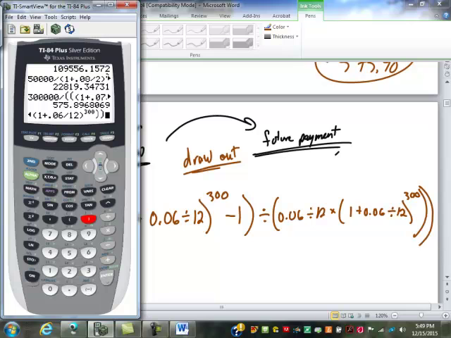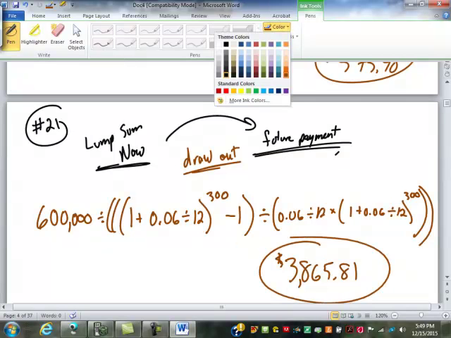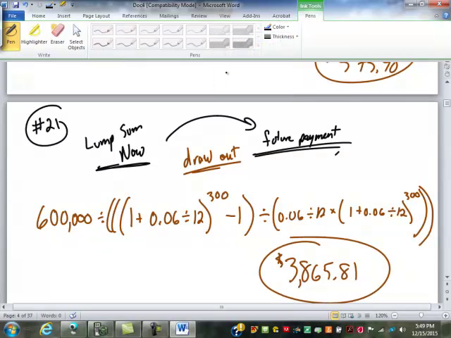It comes out that Bobby will be able to draw out $3,865.81 per month. What do you think? Not so bad.